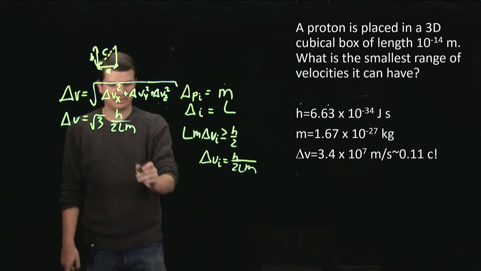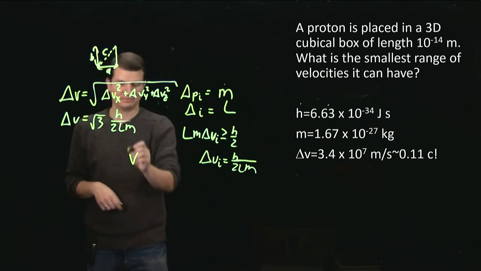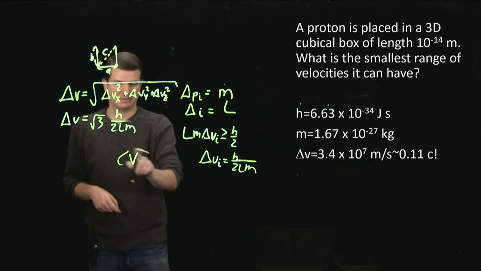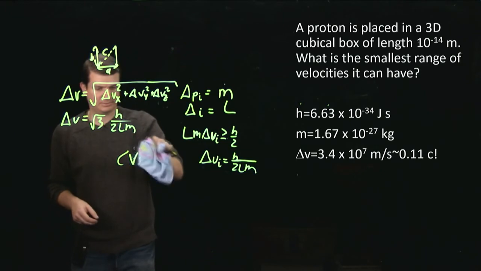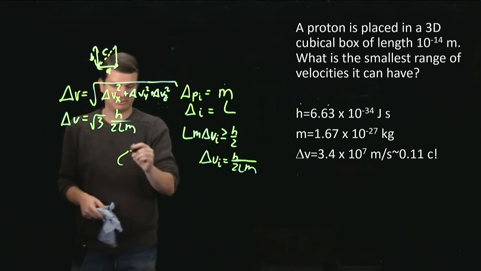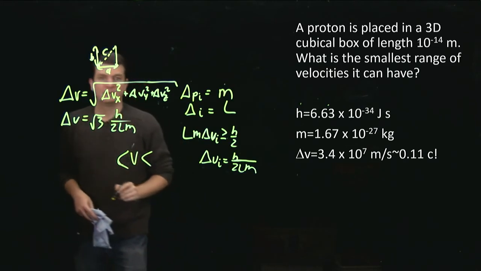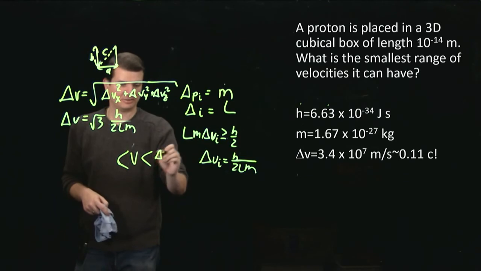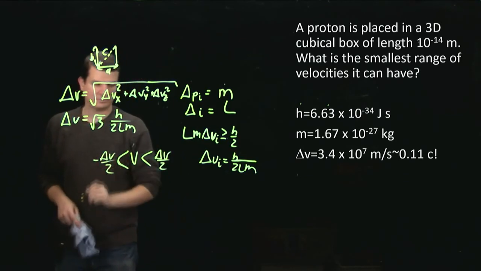So that means that if this is the width of its range, then v has to be between delta v on 2 and negative delta v on 2.